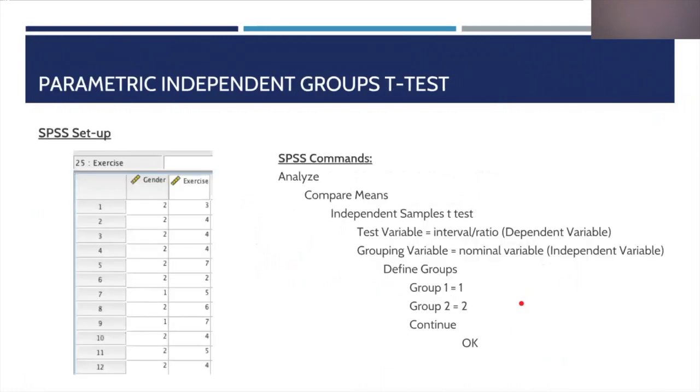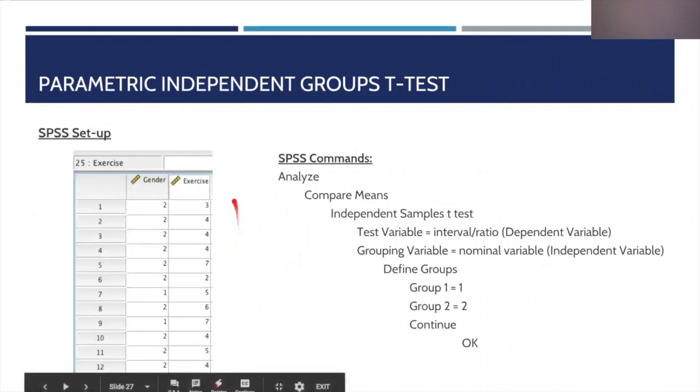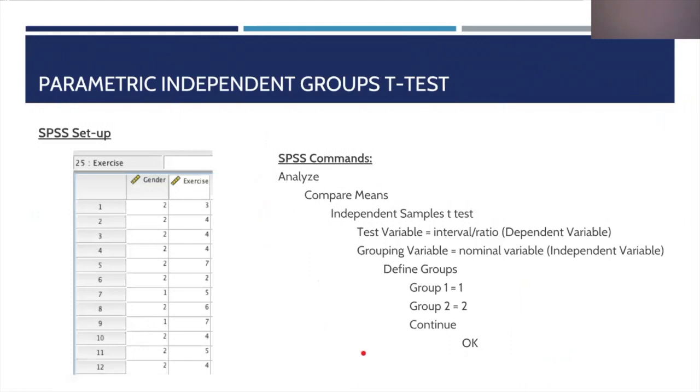As we go through the slides, they're all specifically listed. You have an example of how you want your data set up on the left, and then you have the commands on the right. I'm not going to go through step by step of each command, but I will go through each slide. Please feel free to pause and use these commands when needed.